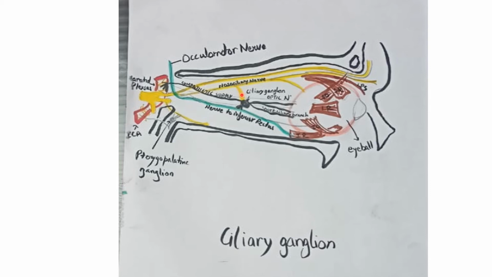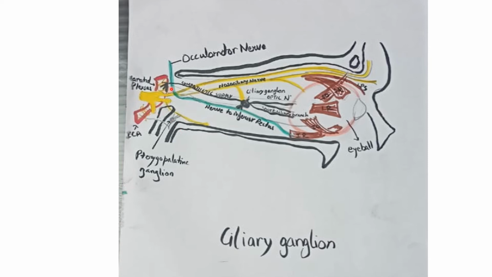Because the ciliary ganglion is attached structurally to the nasociliary branch, the nerve fibers enter the ciliary ganglion, right? So in short, all the sensory fibers from the eyeball pass through the ciliary ganglion without interruption, right? Without interruption. Understood?